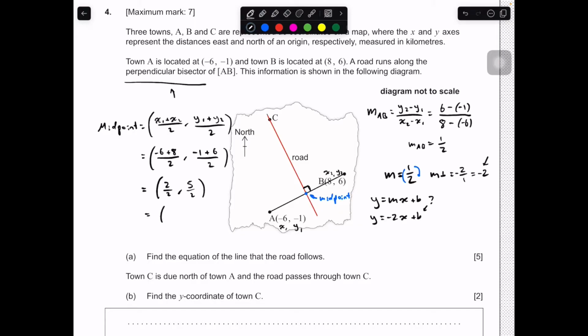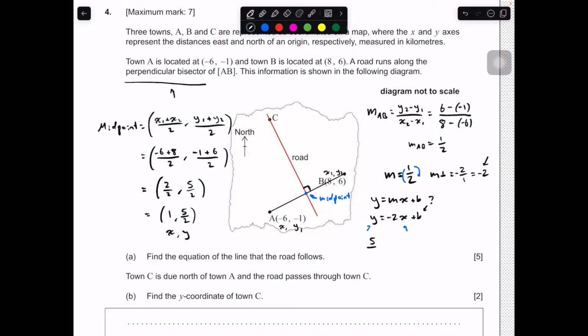In the end, this is going to simplify to 1, and we could write this as 5 over 2 or 2.5. I'll keep it as a fraction, 1 and 5 over 2. Okay, so we have an x and y value on the line. Let's substitute it into our equation right here, and then we can solve.